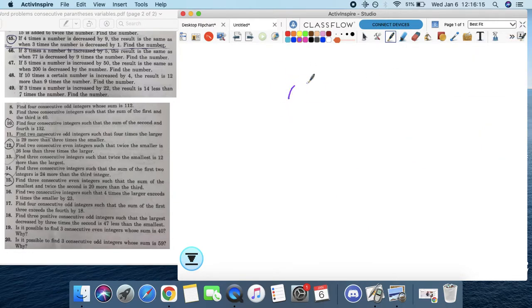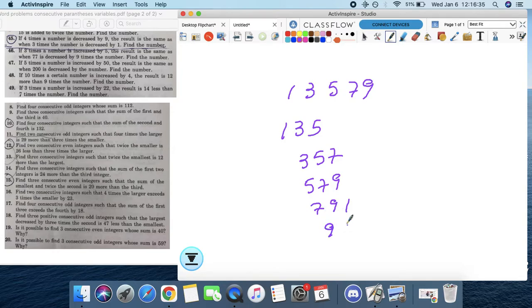So we have 1, 3, 5, 7, and 9. Possible combinations: 1, 3, 5, 3, 5, 7, 5, 7, 9, and then 7, 9, 1. It could be 17, 19, 21, then 19, 21, 23. Is there anything else we can make? This is the ones digit, right?